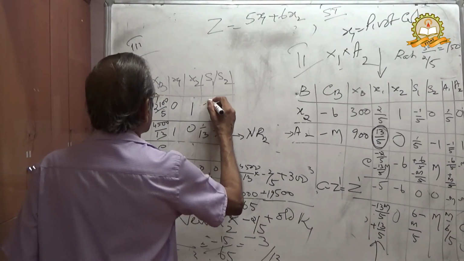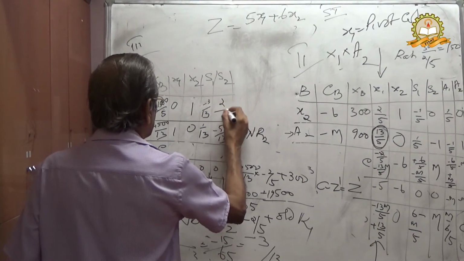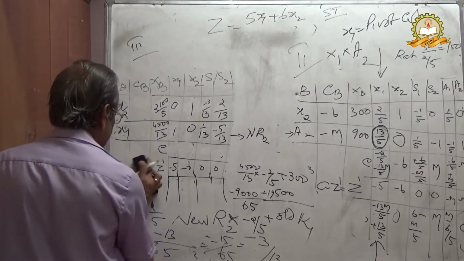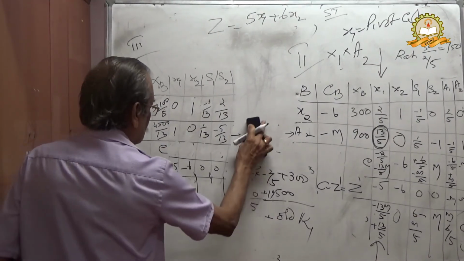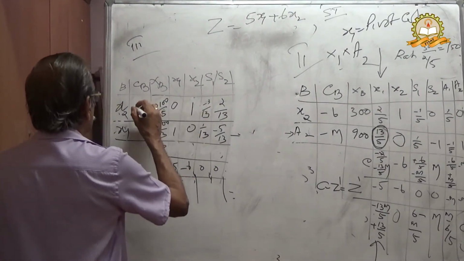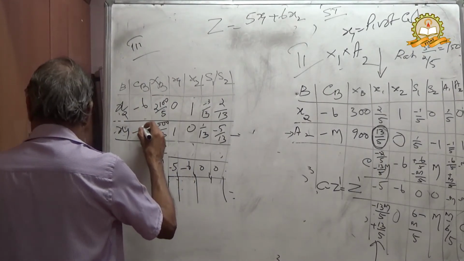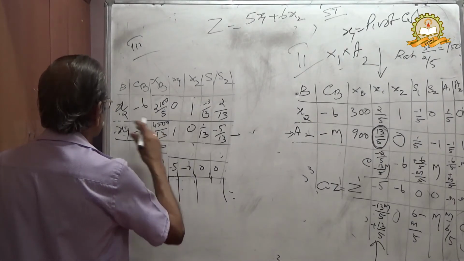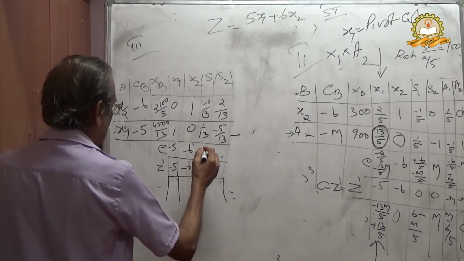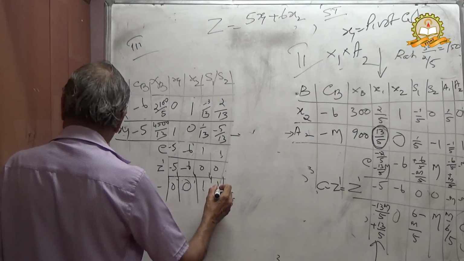Therefore this number becomes 3 by 13 and this automatically becomes 2 by 13. Therefore, under x2 you have minus 6. Under x1 you have minus 5. Therefore this becomes 0, 0, 1, 1.